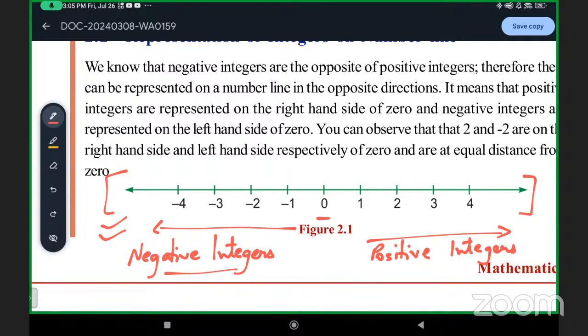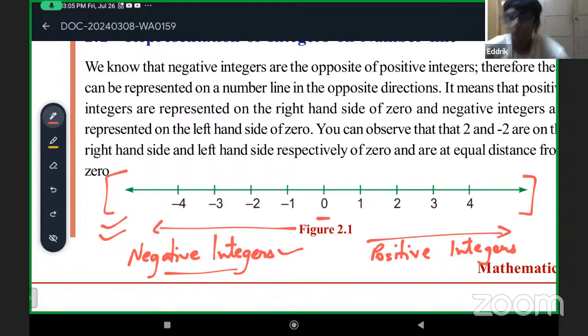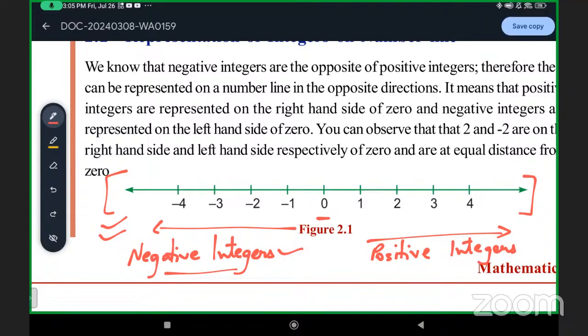And in negative integers, -1 is greater than -2, because -2 is on the left of -1 on the number line.